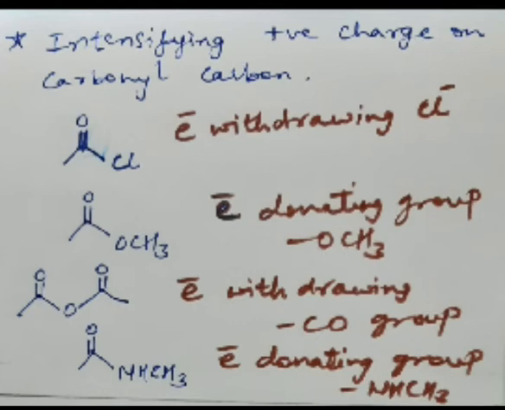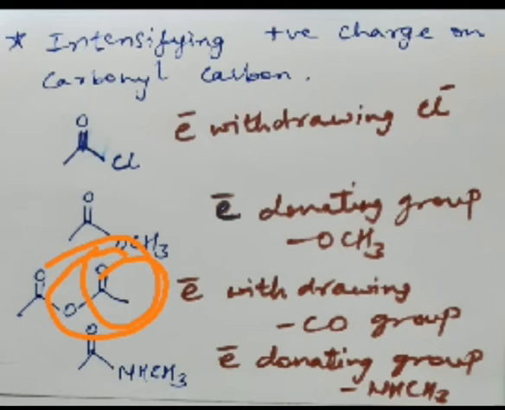Next, if I talk about anhydrides, it has an electron withdrawing carbonyl group, a minus I effect, because of which there is an increase in the carbonyl carbon positive charge. However, due to this complete group, the overall effect is that the reactivity decreases compared to that of acid chlorides.